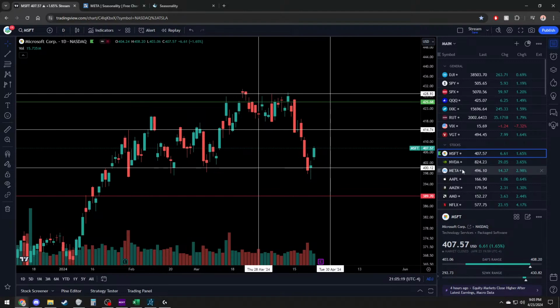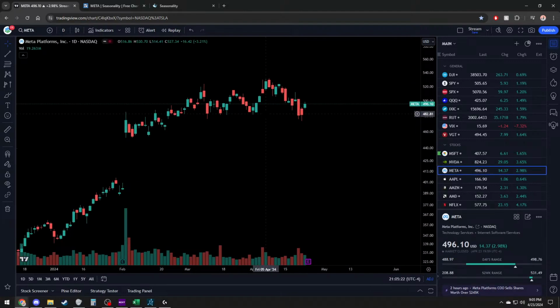I was going to go with Meta this month. I was really close to pulling the trigger on Meta, and I didn't. Instead, I went with Microsoft. If I went with Meta, I'd probably be about flat on the trade. Would have gotten a really nice entry right at around 485.